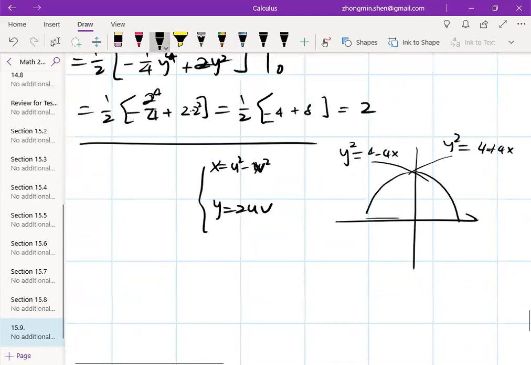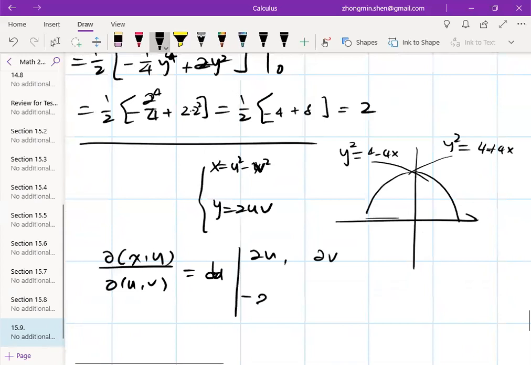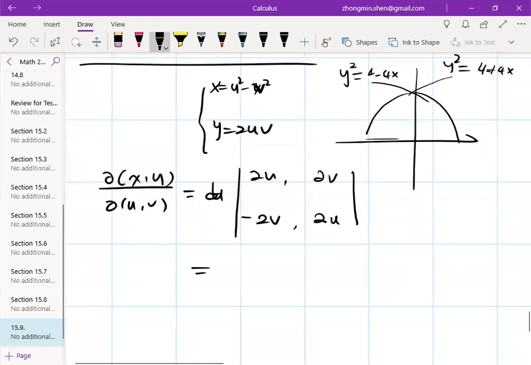Let's compute the Jacobian of this. This is going to be the determinant of the derivatives: derivative of x with respect to u is 2u, derivative of y with respect to u is 2v. Then differentiating with respect to v, you get 2u. What we get here is 4u squared minus negative 4v squared, which is 4v squared.